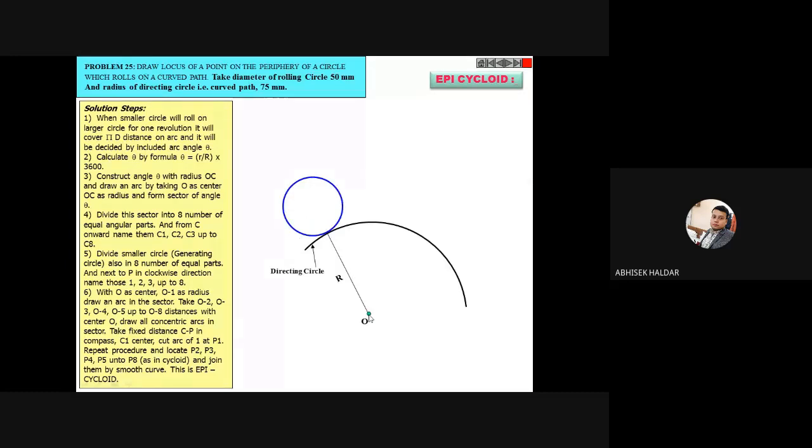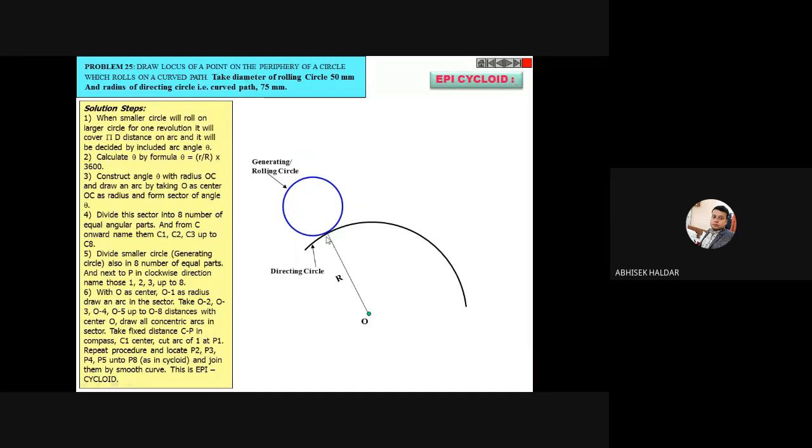From this point O, you draw a straight line like this, which will pass through the directing circle. This is the rolling circle, the generating circle. The initial position you can place anywhere; the final position you have to fix. So from O you extend this straight line through this surface and extend it on the outside.